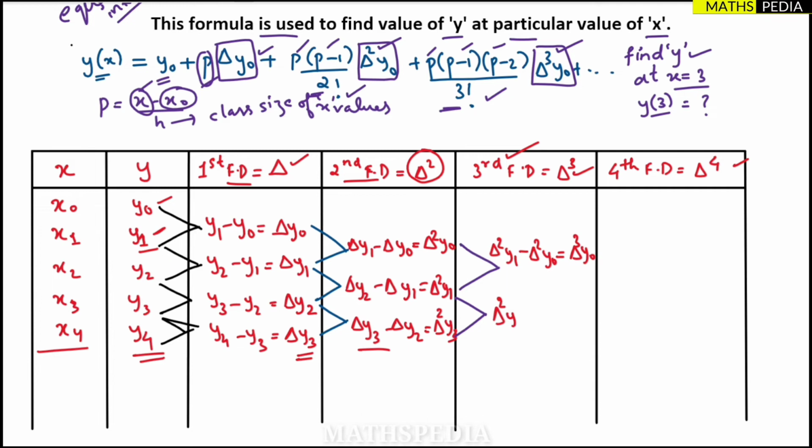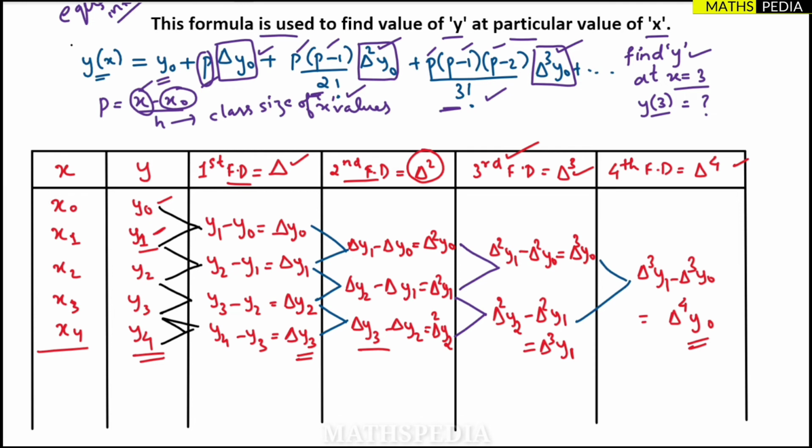Next, delta square y2 minus delta square y1 will be delta cube y1. Okay. Next, the last one we'll find out, that is nothing but the difference of these two. So delta cube y1 minus delta cube y0 is equal to delta power 4 y0.